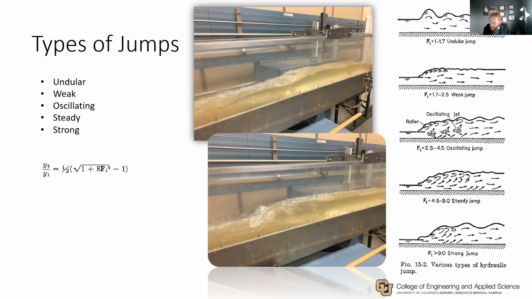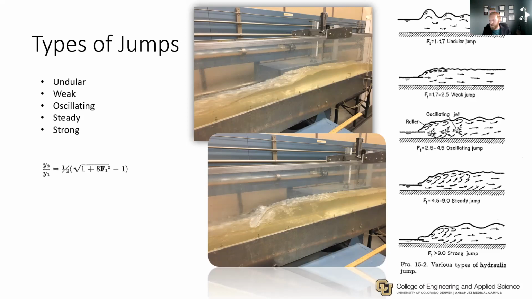The steady jump is characterized by some as the best design jump. When we say best design, it means that we know we're going to fully form a jump and get subcritical flow downstream, and we know we're going to fully dissipate the energy across a given length of a jump.